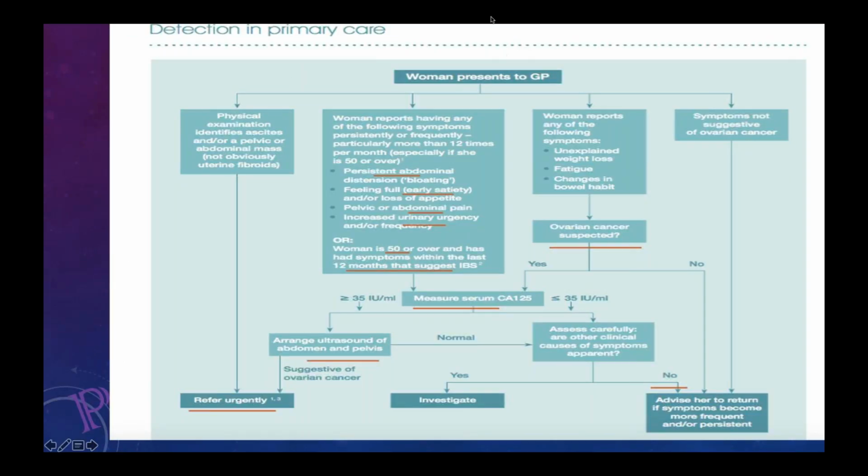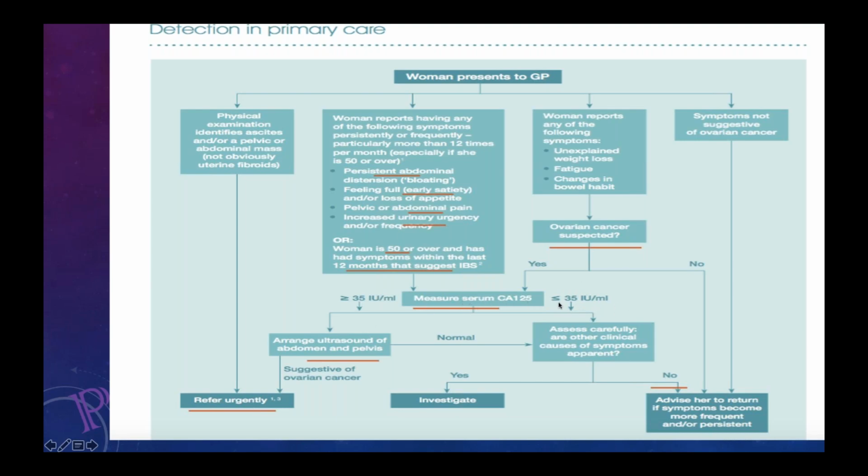So this is detection in primary care, and it usually helps to answer your question. If the patient is coming to the GP, they have put it in 4 categories. If these symptoms or IBS are there, they have to do CA 125. If it is more than the cutoff, they will arrange a scan, suspicion of cancer, urgent referral.